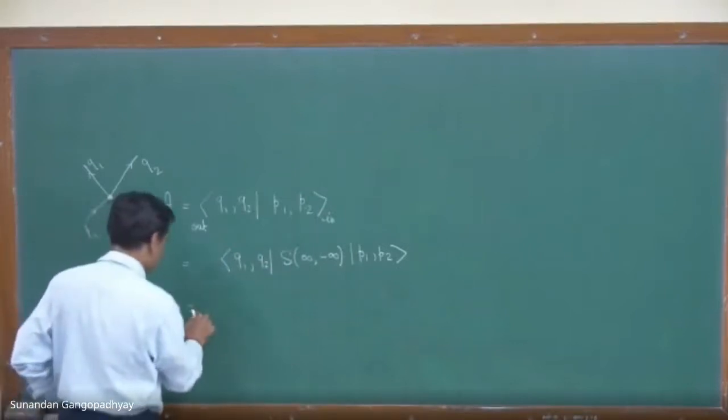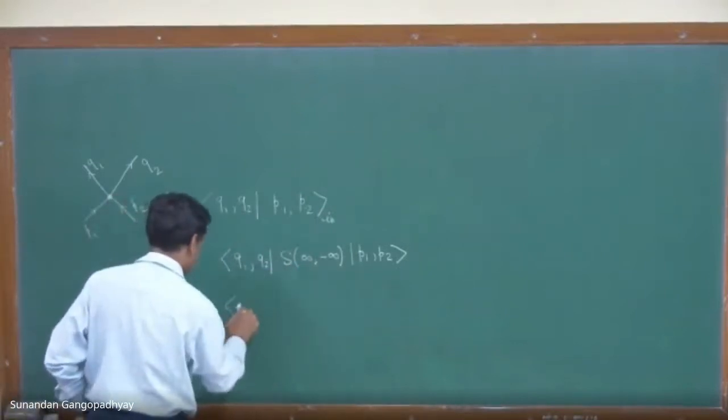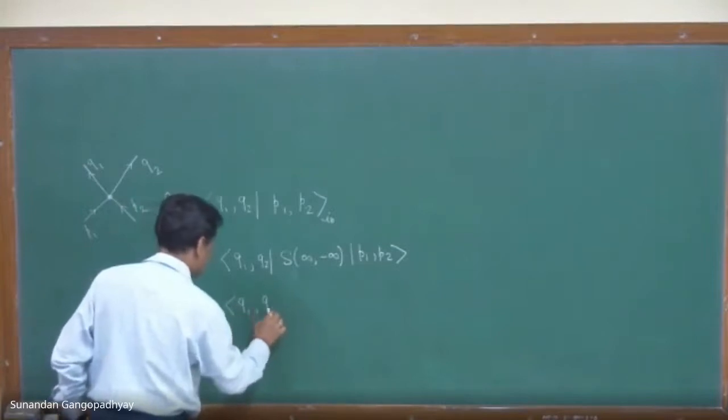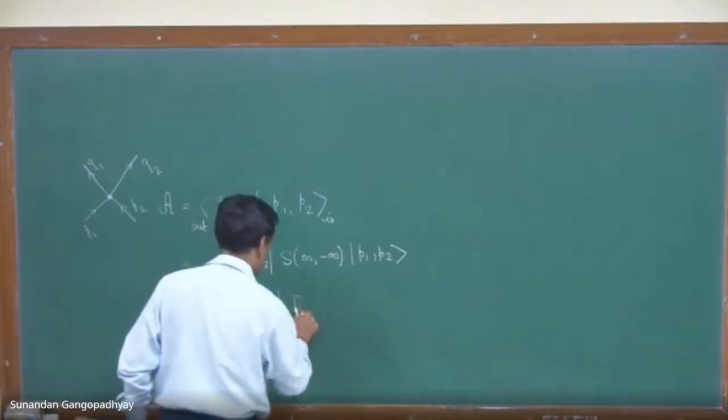Now you know what the form of this S matrix is. So this is the time ordered product.